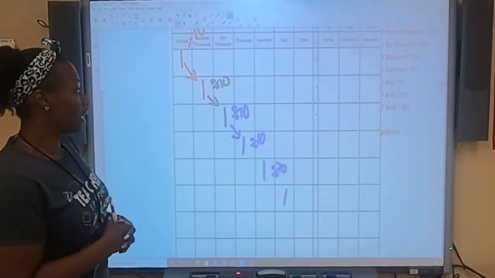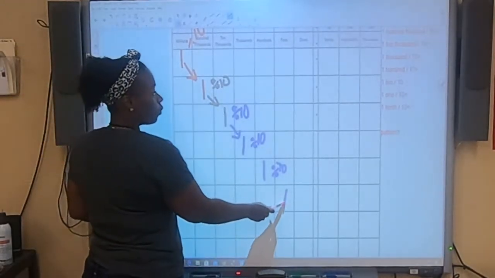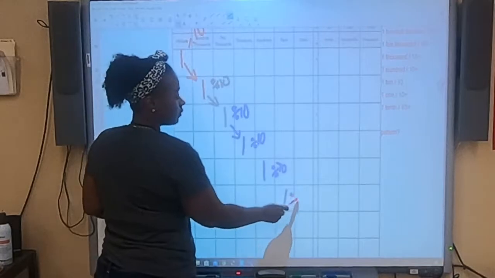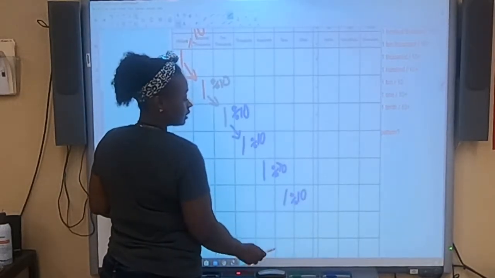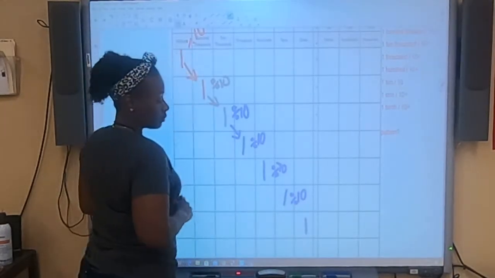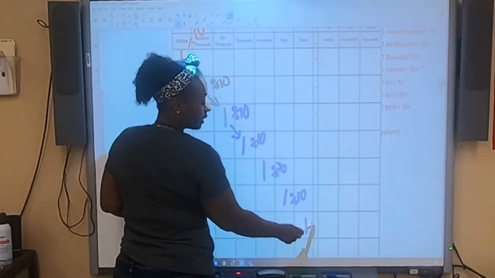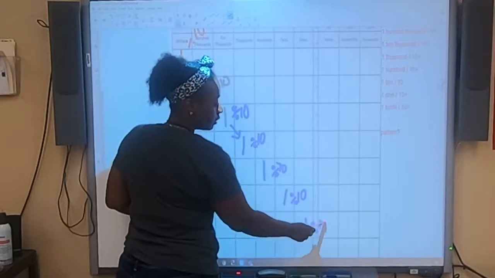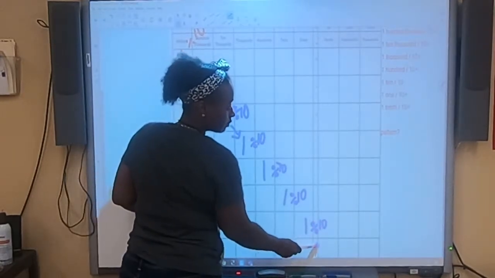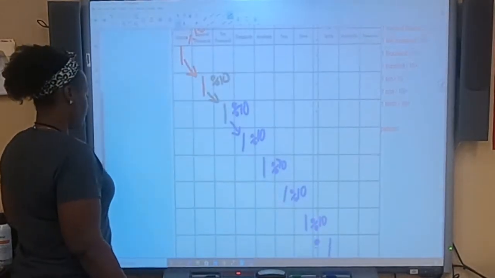I can keep going till I get to the decimal. 1 in the tens place divided by 10 takes me to the ones place. 1 in the ones place divided by 10 crosses me over that decimal to the tenths place.